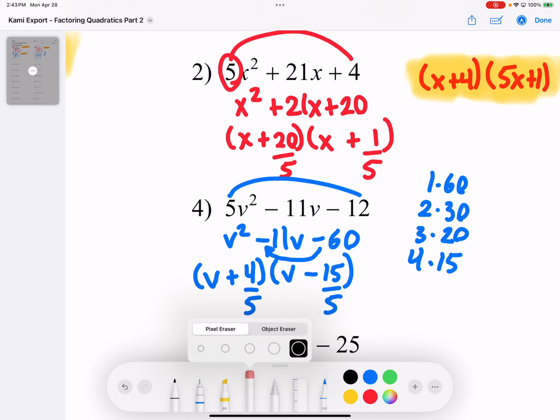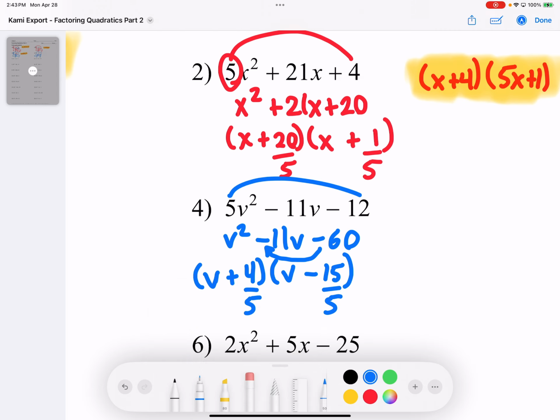I'm going to erase all my factors here because we don't need those anymore. The 4 does not divide by the 5, so the 5 is going to slide out front. So you have 5v plus 4. And on the other one, 15 divides by 5 3 times, so you get v minus 3. And I'm done.